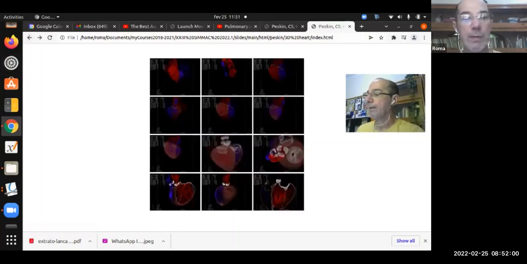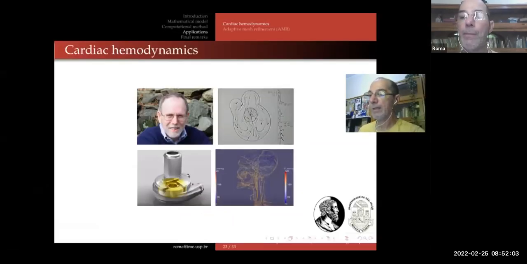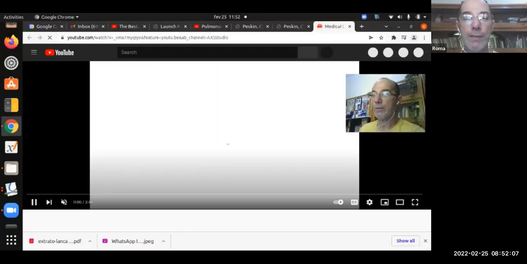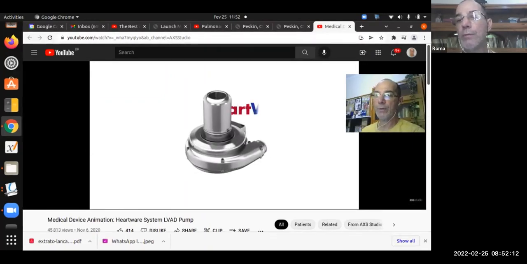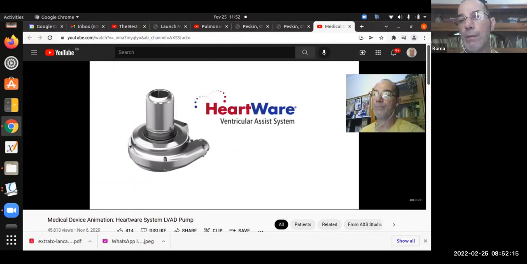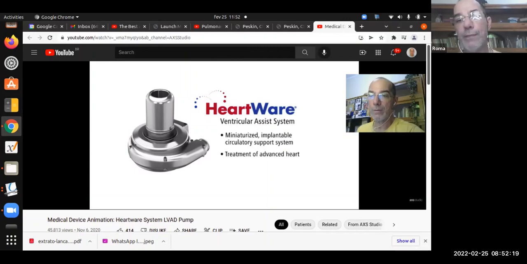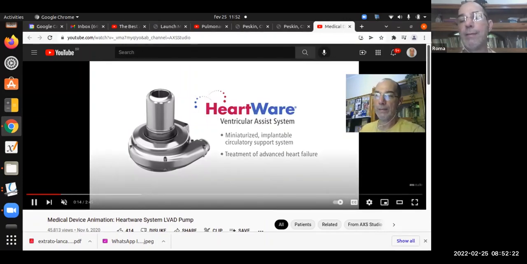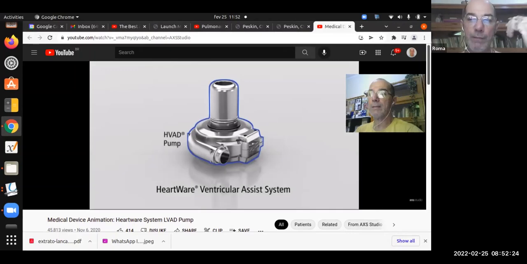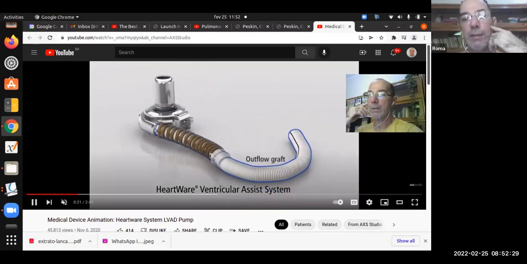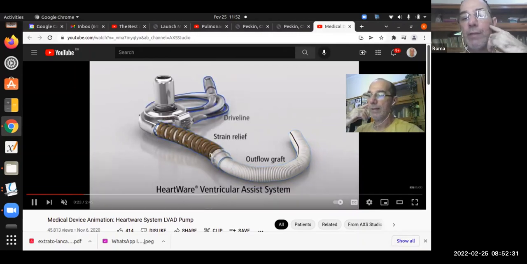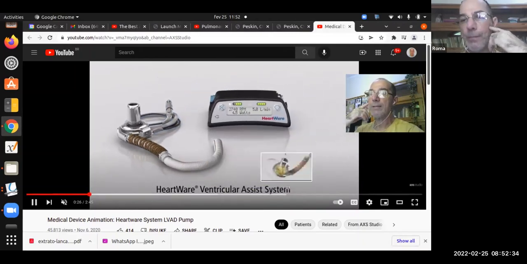There are other works nowadays where these simulations can be used. For example, you can make projects for artificial, not heart valves anymore, but left ventricles. You have some devices that replace the functionality of the left ventricle of the heart. So this is a ventricular assist device, right?